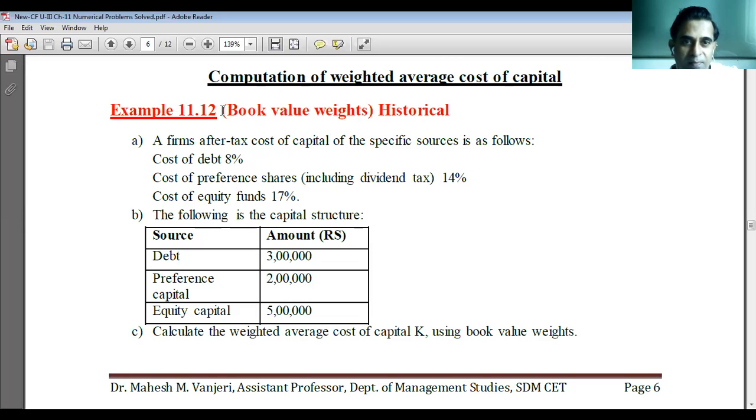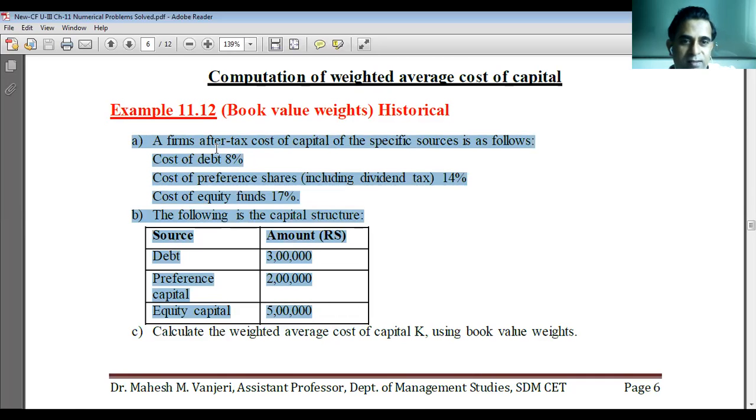This part I have written myself, otherwise you will not get headings or titles like this. They will only give the information, and you have to understand which type of weights are given. Assigning those weights, you have to compute the weighted average cost of capital.